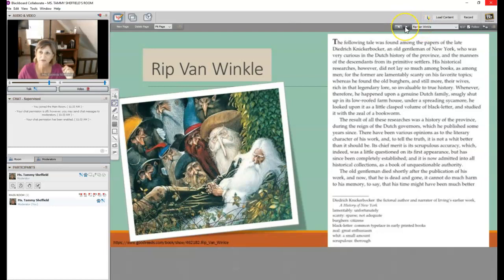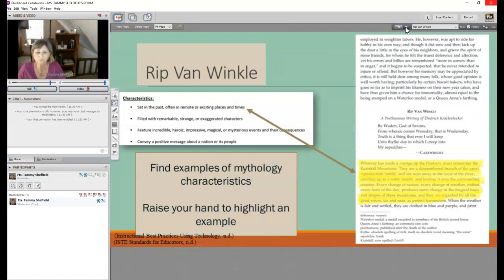So as we go through, there's a lot of explanation as we're reading the text to help the children understand what, well, I guess not really children, they're high school, but to really help them understand what they're reading. So what we did prior to writing this essay, we read through our story, and I gave the kids, this is what the screens looked like, the characteristics that they would find in the mythology, and then we would read one page at a time.